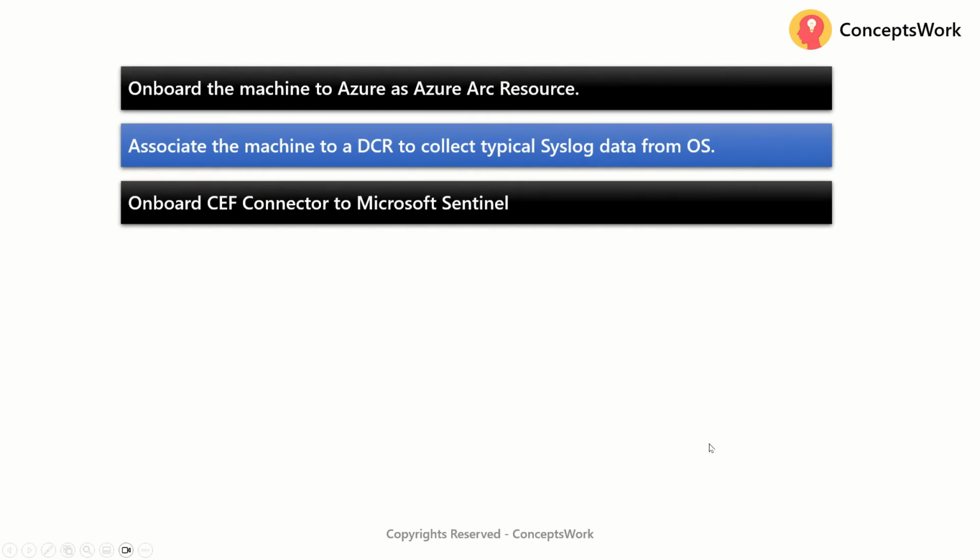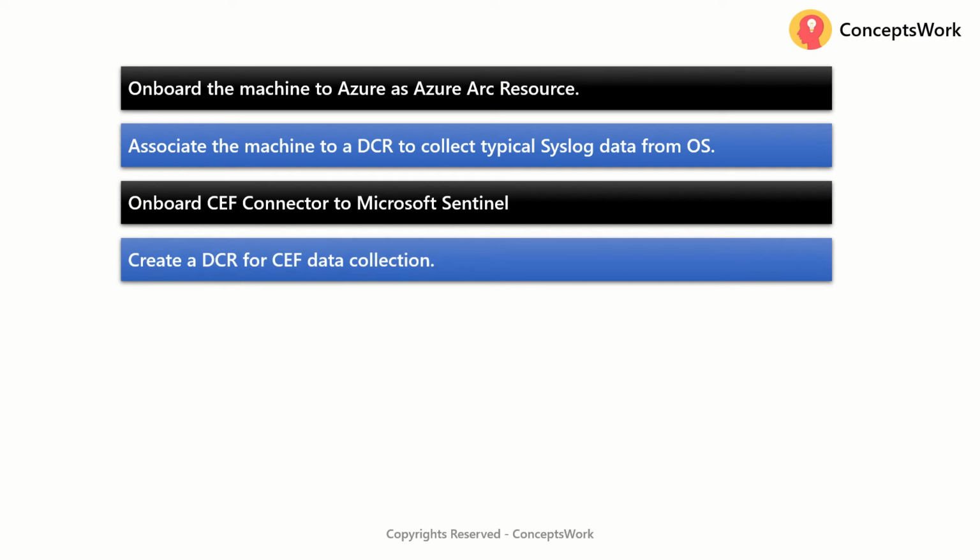Now let's talk about the next step, or let's say this is the first step of the actual task of this particular video, which is onboarding the CEF connector to Microsoft Sentinel, and then making sure that we are creating a DCR for CEF data collection. Okay.